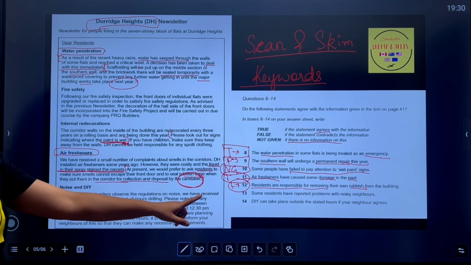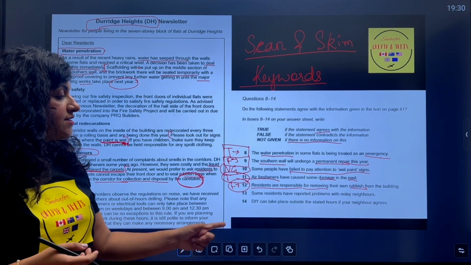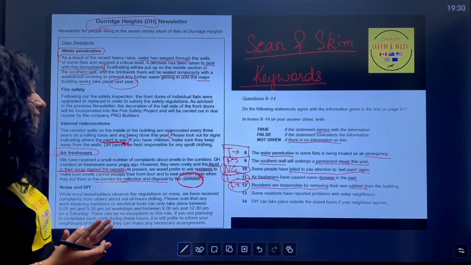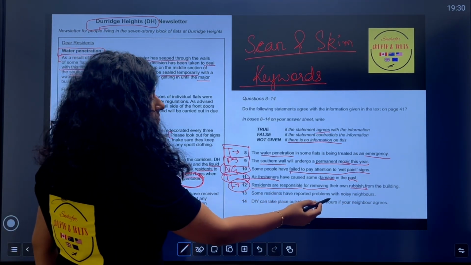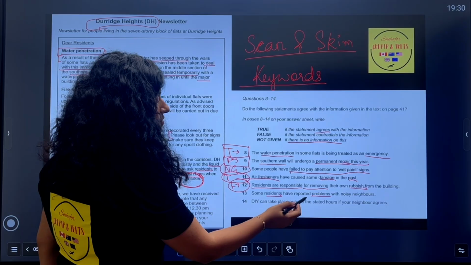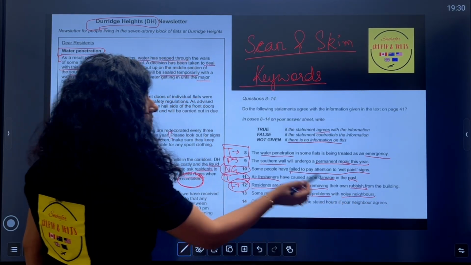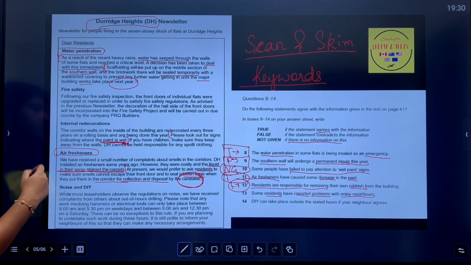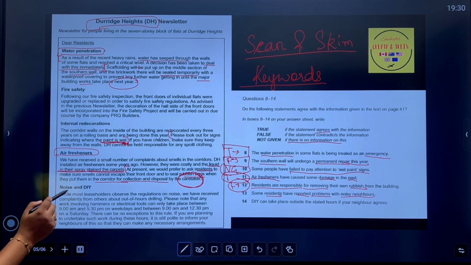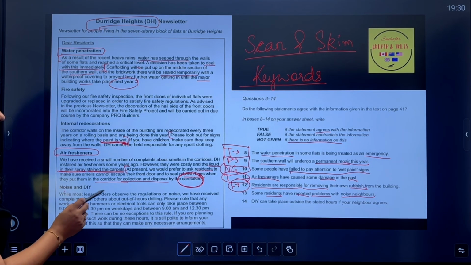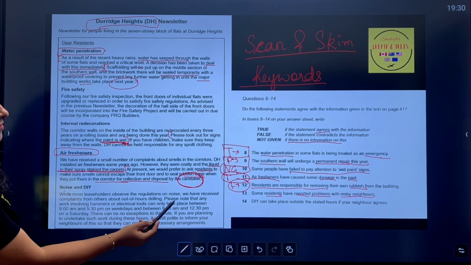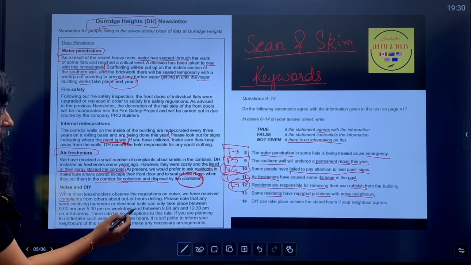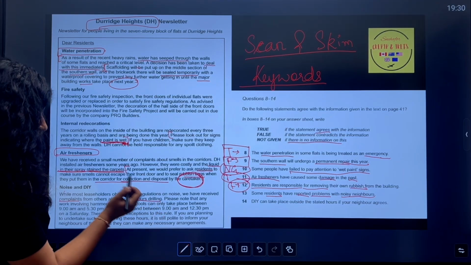Now let's look at question number 13. Some residents have reported problems with noisy neighbors. Noisy neighbors. Problems. Residents reported. These are all the keywords. Noise. I know my answer is going to be here. So, while most leaseholders observe the regulations on noise, we have received complaints from others about out-of-hours drilling.